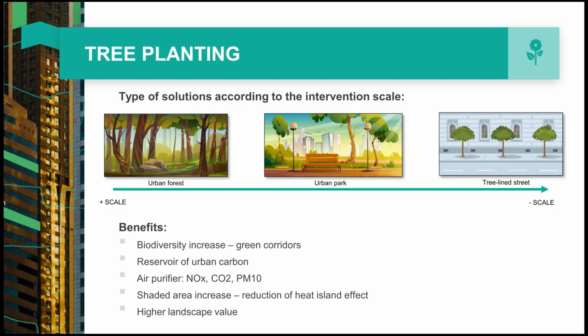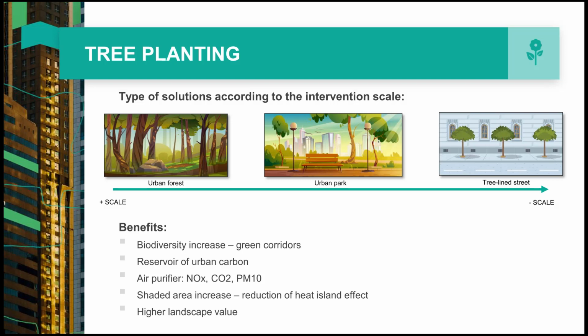The planting of new trees and the conservation of the existing tree mass are fundamental parts of the maintenance of the natural urban ecosystem. Depending on the scale, we will find solutions such as urban forests and parks, and other smaller scale interventions such as tree planting in squares and streets.